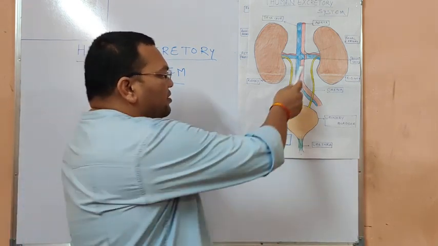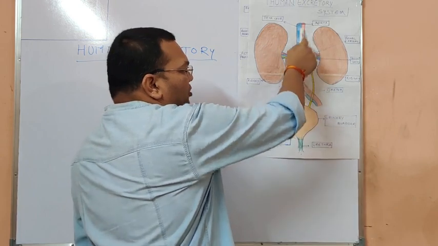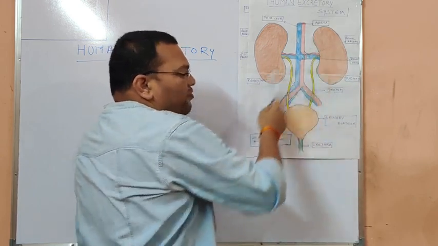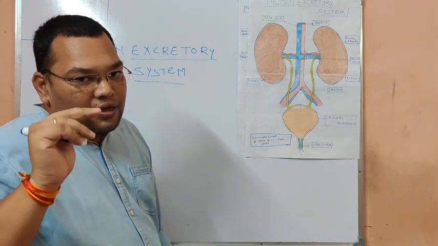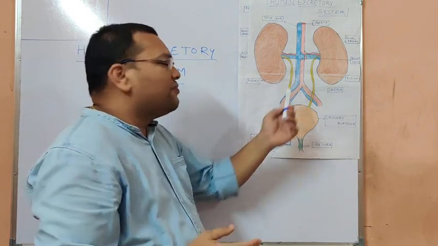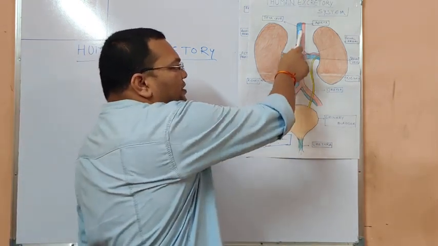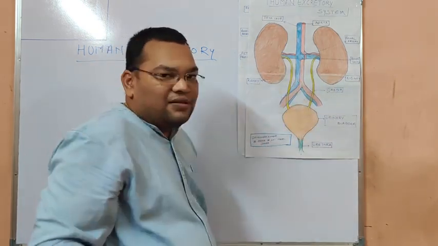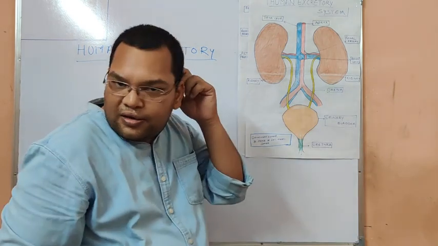Now these two vessels are the aorta and the vena cava. From the aorta, the renal artery brings the impure blood to the kidneys, and the vena cava carries the pure blood from the kidneys to the heart.